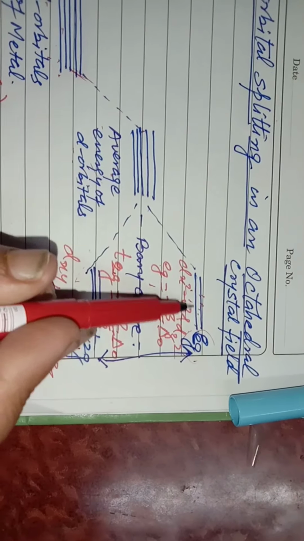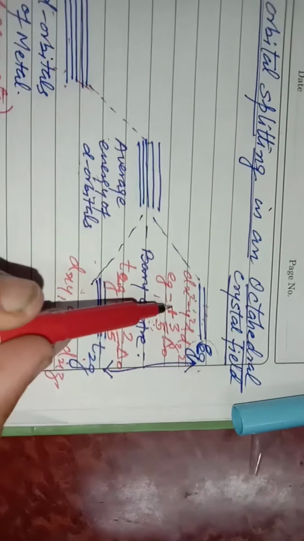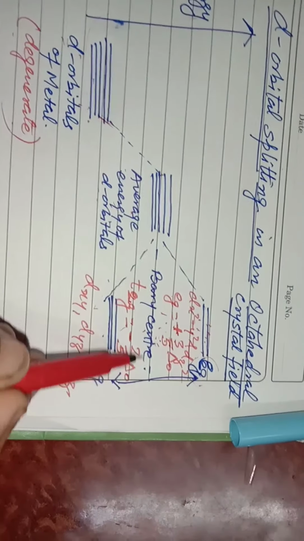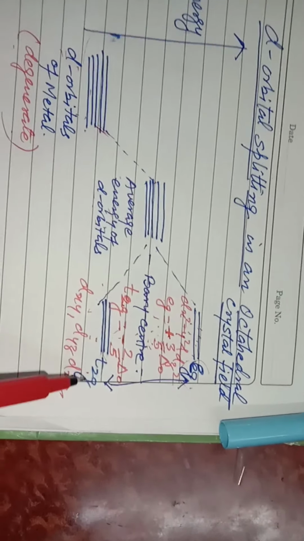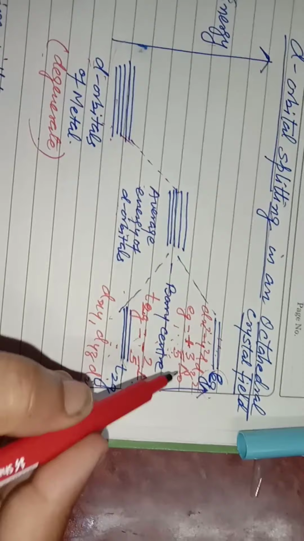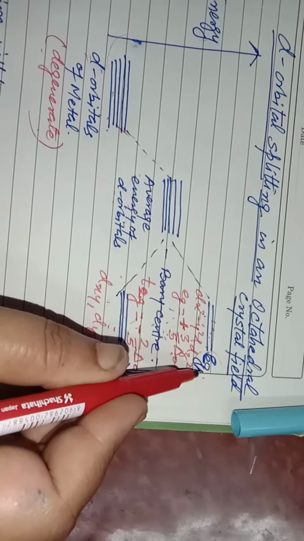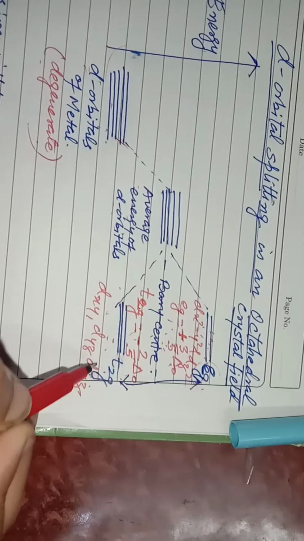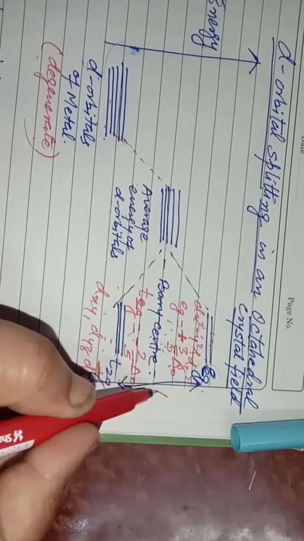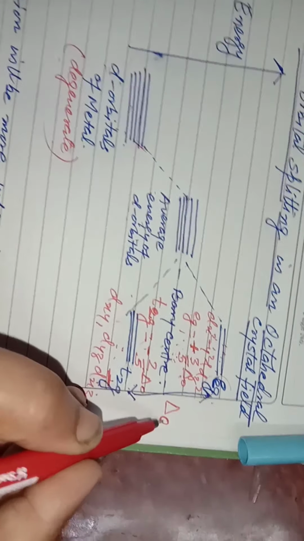So this much energy is raised, shown by the plus sign. This much energy is decreased for these 3 orbitals. Now what is this delta O? This energy separation between T2g and Eg is known as delta O.